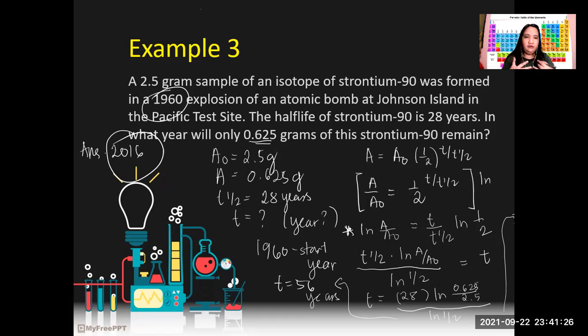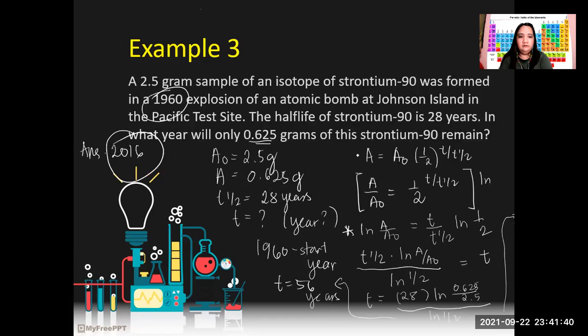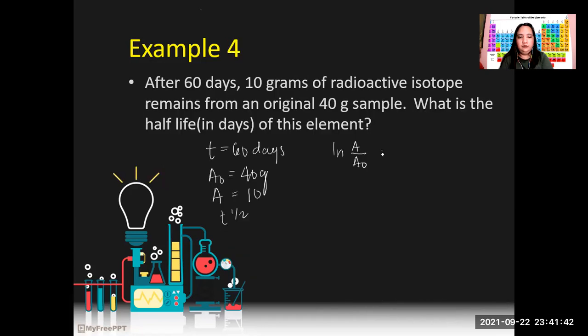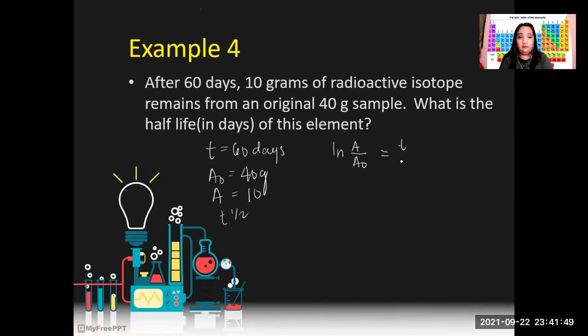If you're very familiar with the formula already, you can just move things around and use it. As we said, the natural logarithm of A over A0 is equal to t over t 1/2 times ln of 1/2.